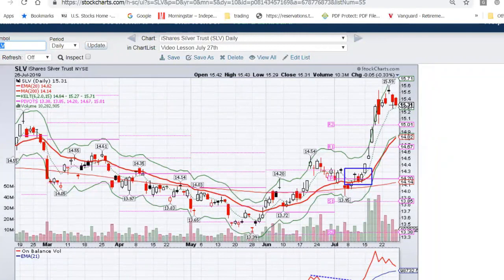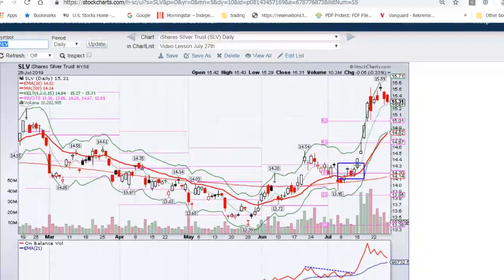If SLV were to make a new high above 1559, I'd be watching the OBV to see if there's any divergence. I don't really see that at this point, but it had a great run in a very short period of time, so I try not to be greedy.